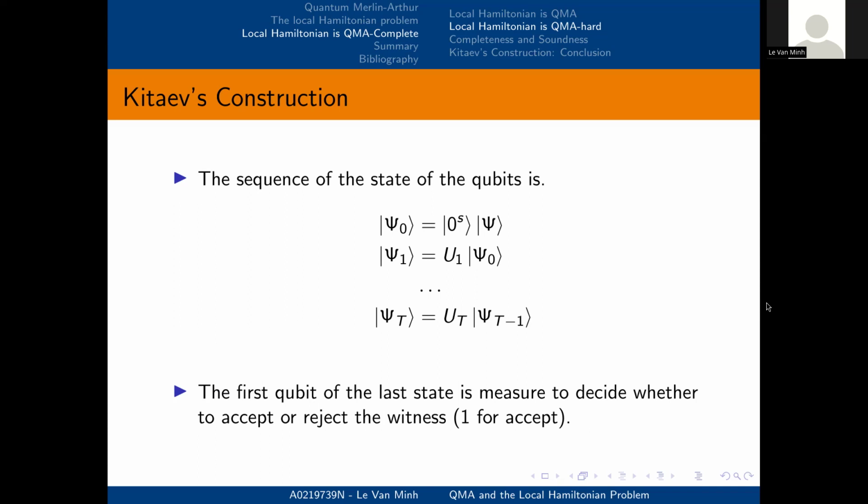And then we apply U1 to the initial state, we will get psi 1, and we apply U2 to get psi 2, and we continue until we reach the final state that is psi big T. The first qubit of the last state is measured to decide whether to accept or reject the witness. 1 is for accept and 0 for reject.